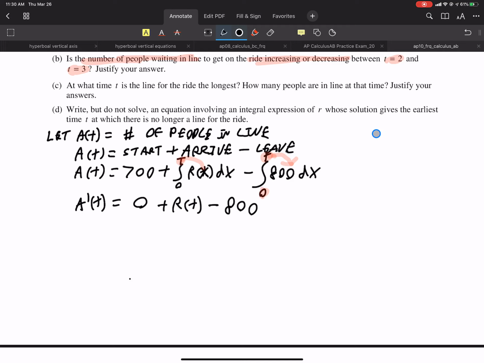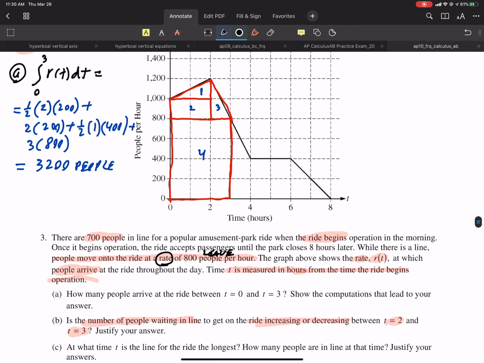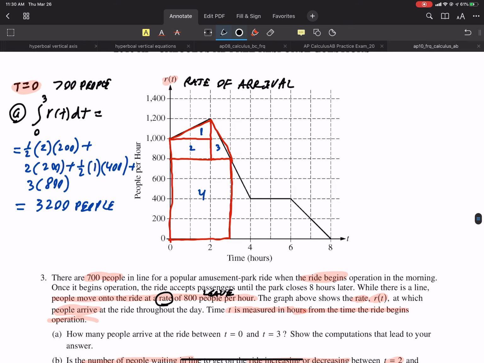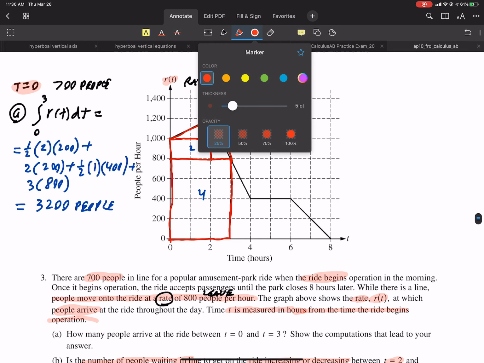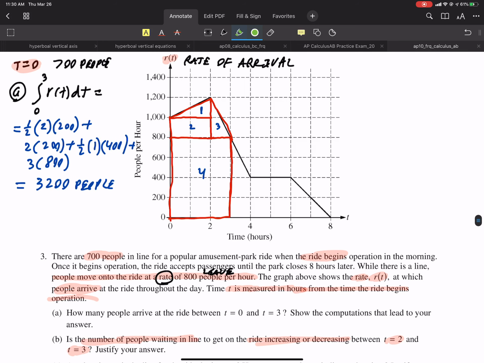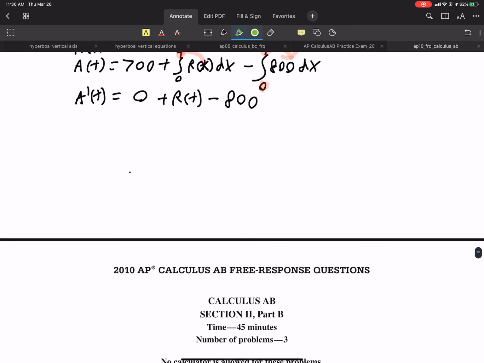So if we look at the rate between 2 and 3, R of t, let's give it a nice color. It's going to be this line right here, the green. And you can see that R of t is always bigger than 800 between 2 and 3. So here's what we're going to say.